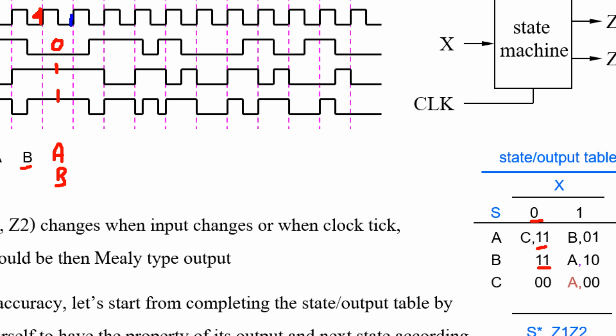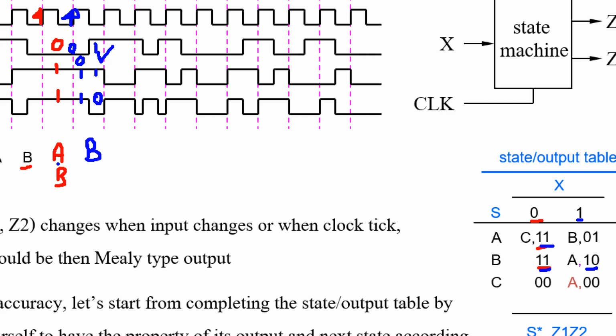And when clock tick, when input x is 0, go to the state that x is 0, output is 1, 1. X is 1, output is 1, 0. That means this cannot be state A, right? Okay, this is state B.